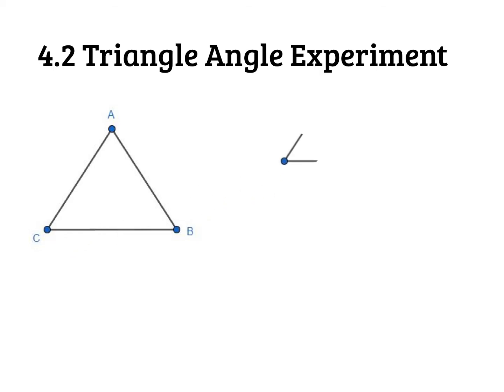This is angle C. I'm going to do that same thing with angle A and B. Now, if you're doing it yourself, you're going to have three big pieces: one for corner C, one for corner B, and one for corner A. For corner B, I have this piece. And then for corner C, the last piece.